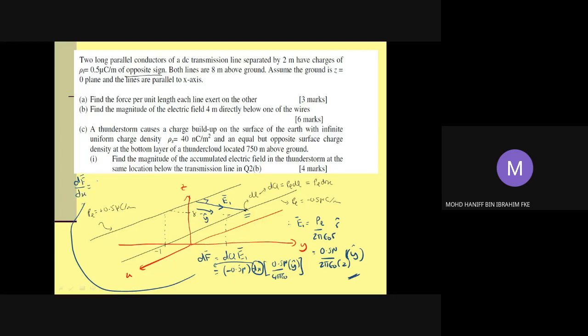That will give us negative 0.5 micro squared divided by 4 pi epsilon naught in the direction of y, in units of Newton per meter. So that should be our answer, the force per unit length as stated here. That should be the answer for question number 1, part A.